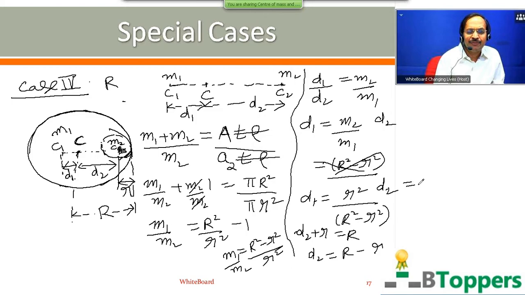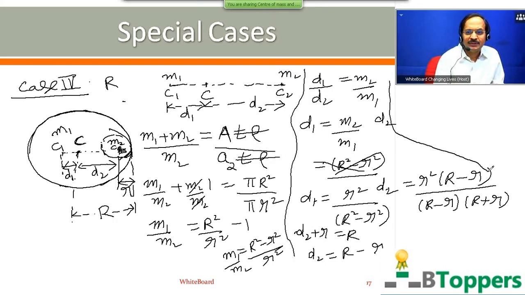So we can substitute here. D2 equal to capital R minus small r is in the numerator on the right side. In the denominator, capital R square minus small r square, you can write as capital R minus small r into capital R plus small r. So capital R minus small r gets cancelled. So the distance of the center of mass of the remaining plate from the center of the original plate, you get small r square by capital R plus small r.